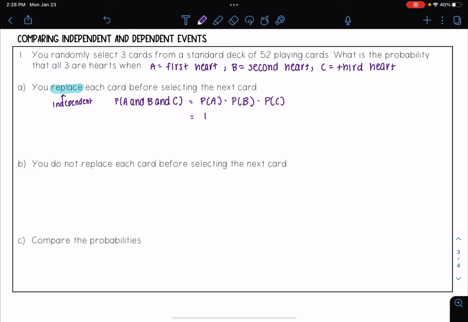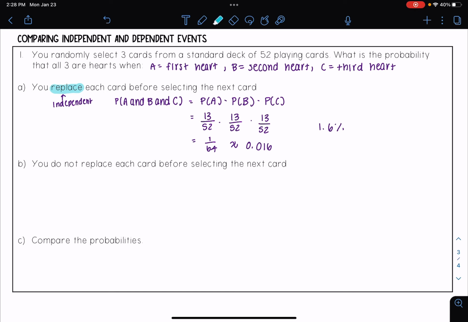So this is all going to be 13 over 52. So there's 13 cards that are hearts in a standard deck. And so when you multiply all those, you will end up getting 1 over 64, which is approximately 0.016. So you get a 1.6% chance.